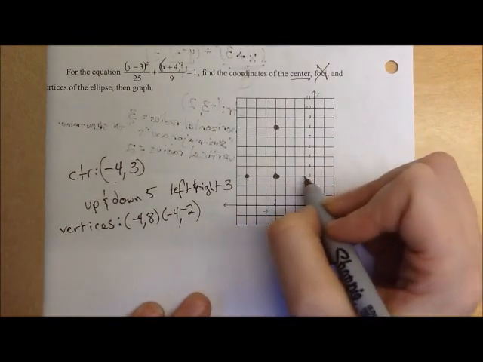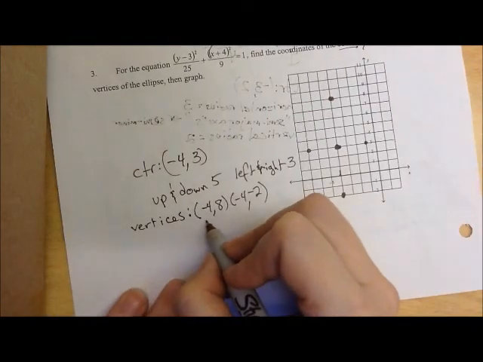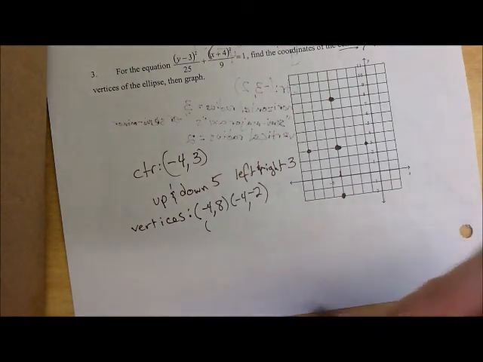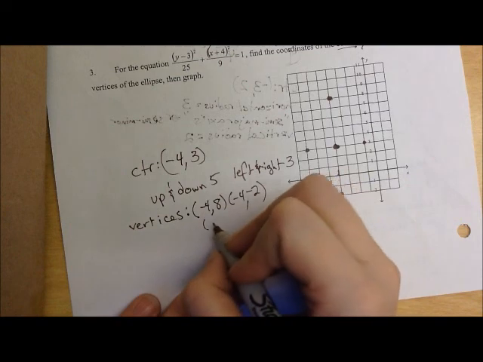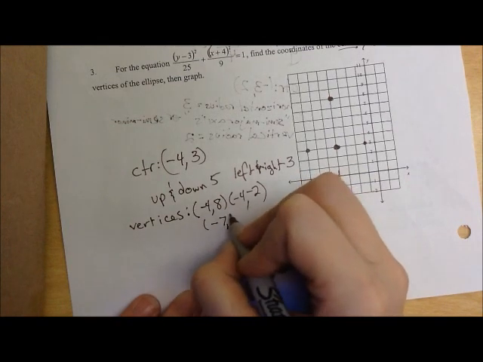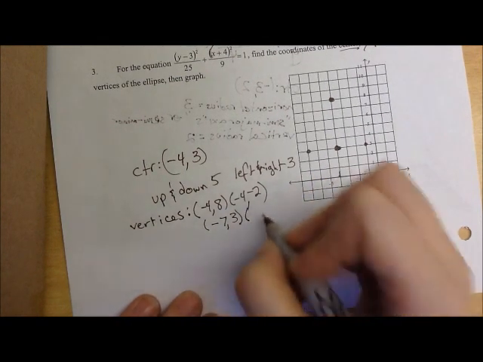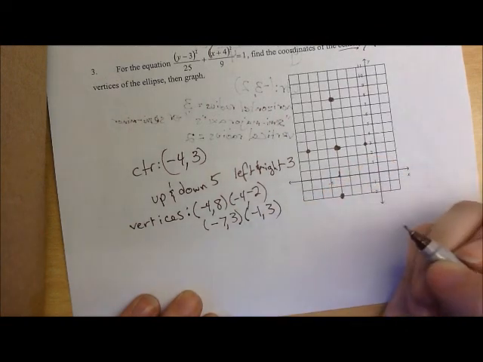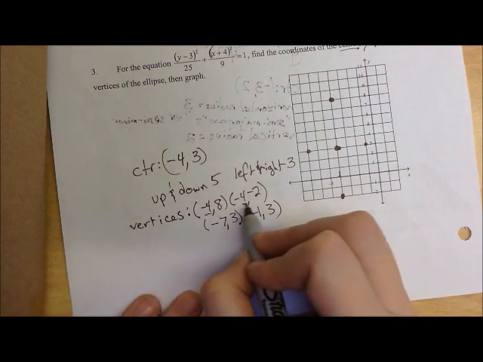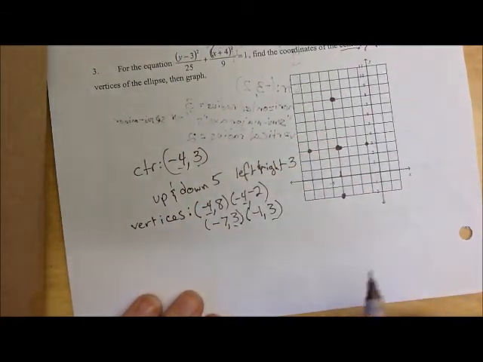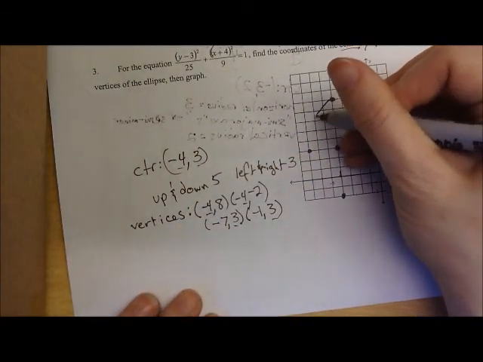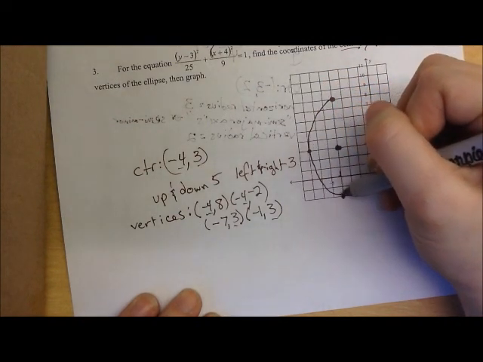Left 3, right 3. Sometimes they're called covertices, because it's the shorter way: -7, 3, and -1, 3. You'll notice in these two the x stays the same as the center point, and in these two the y stays the same as the center point. That's it. That's really all you need to graph your ellipse.